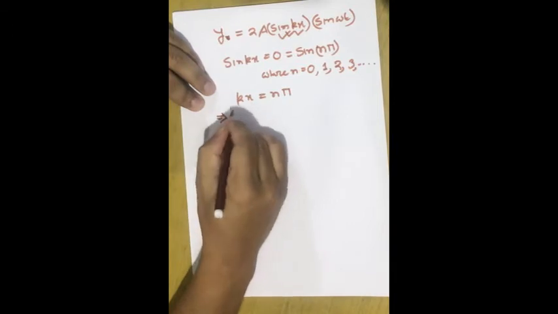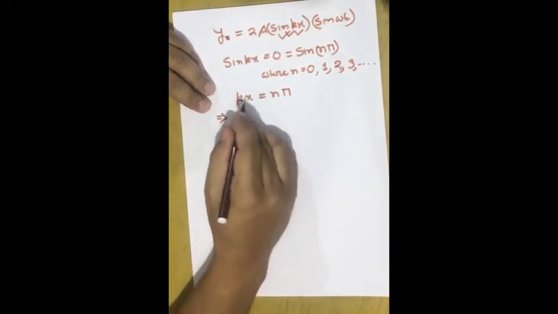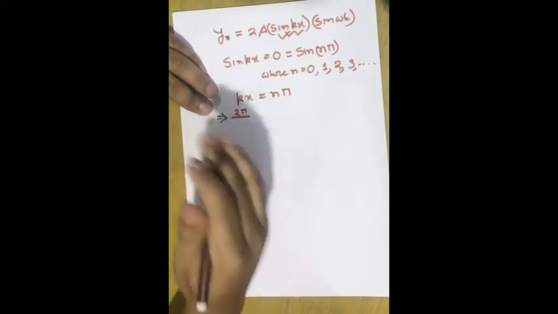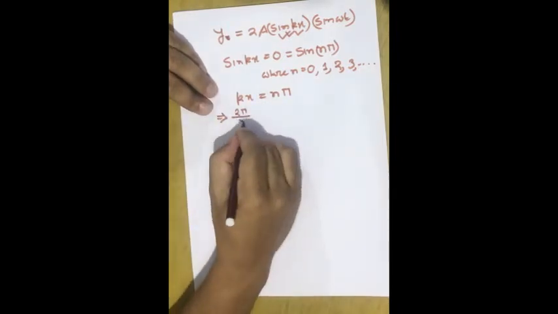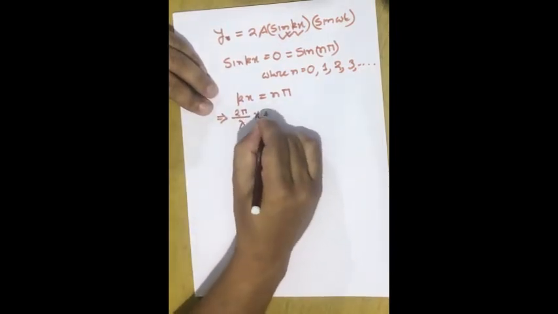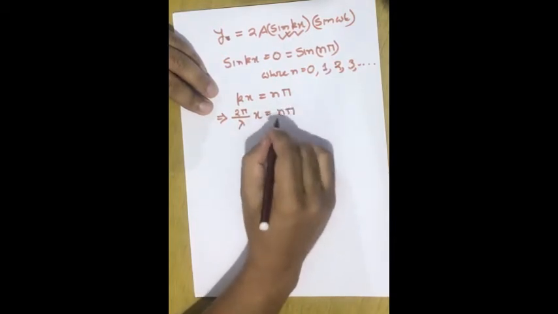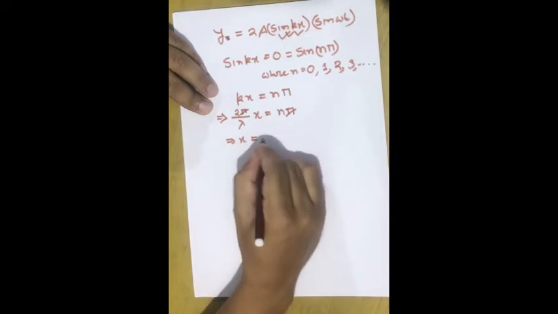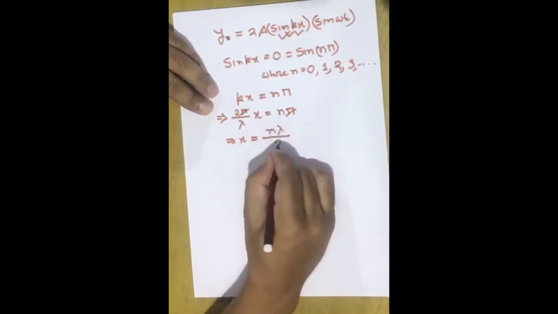Okay, so kx we can express with respect to wavelength. If the wavelength of the standing wave is lambda, then 2 pi over lambda times x is equal to n pi. So pi gets cancelled out. So x is equal to n lambda divided by 2.